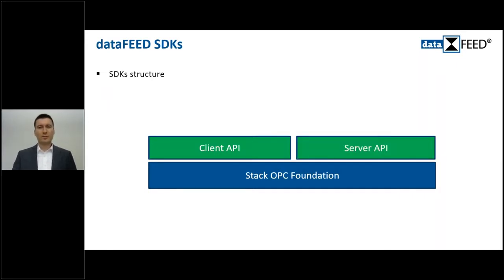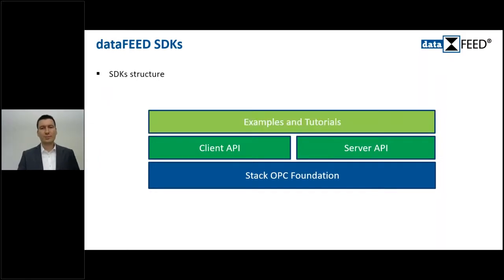So we make it easier for you to develop a client and server and to integrate an OPC UA client or server into your application. All this comes together with examples and tutorials which help you to be even faster and better in developing the client and the server.